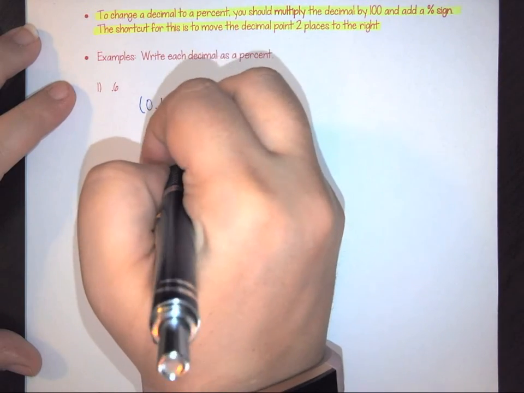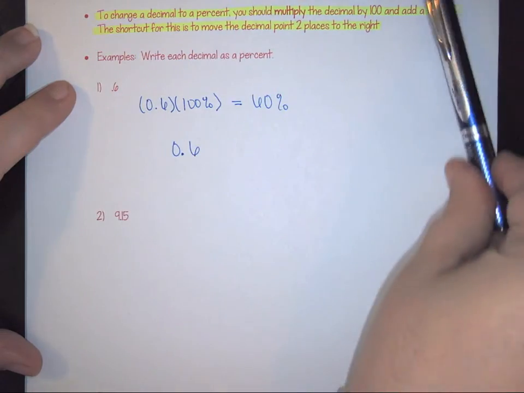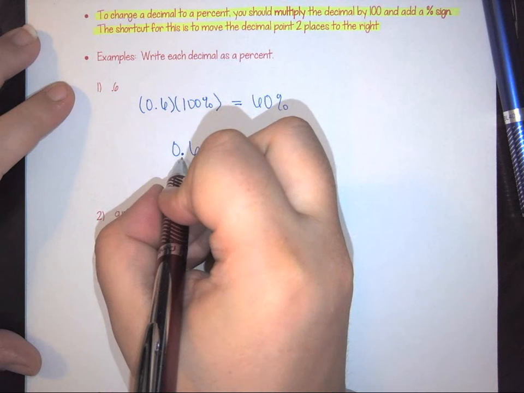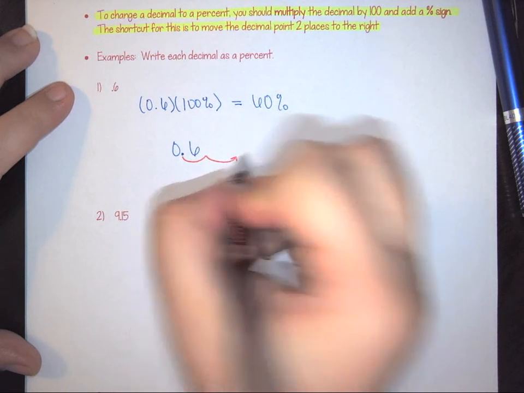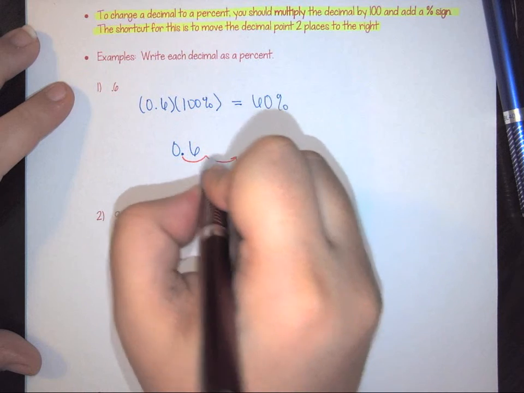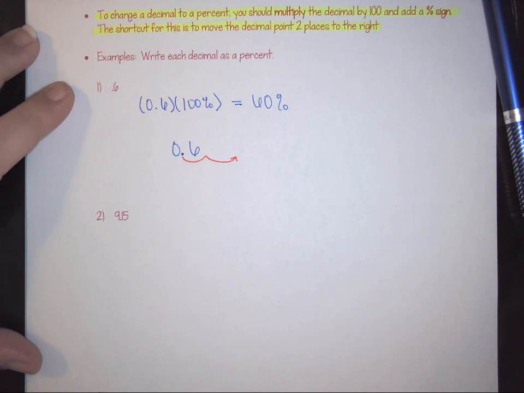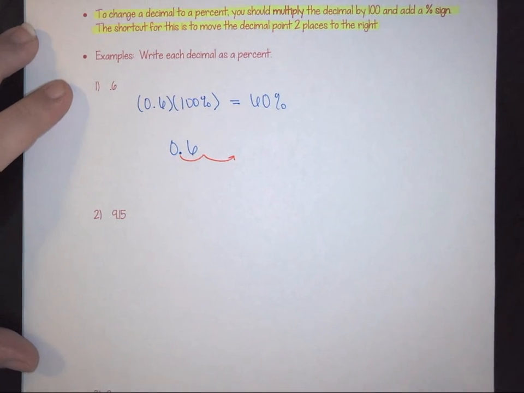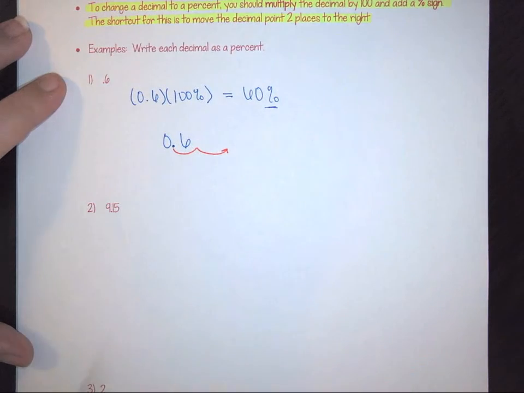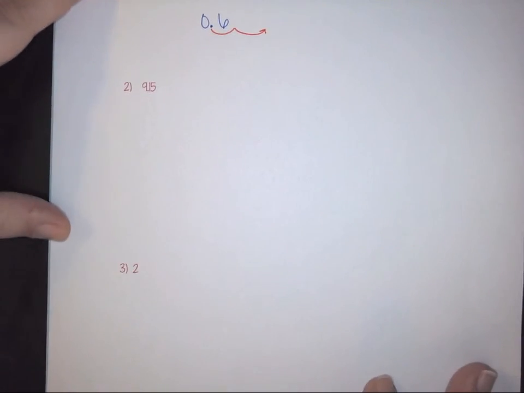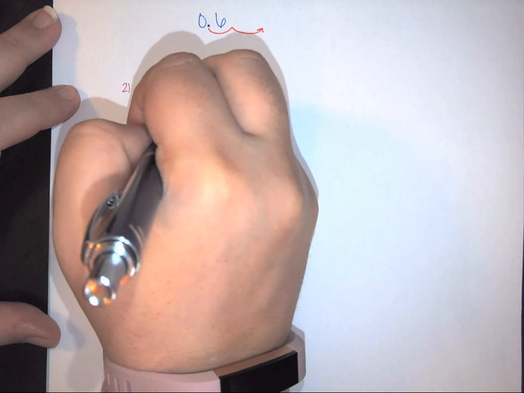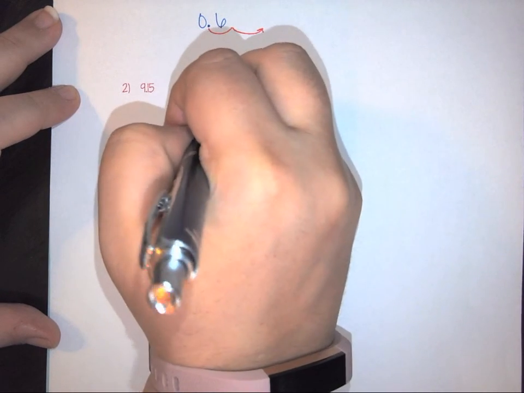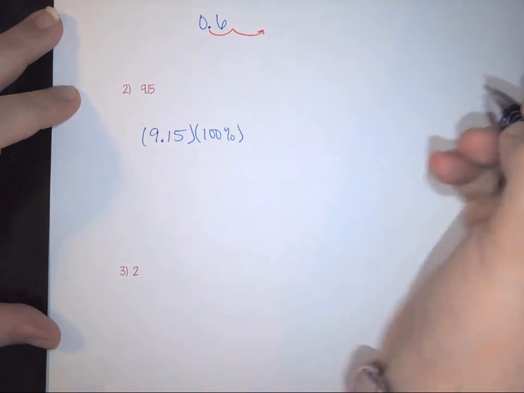However, remember, I can simply move my decimal. So I would take it, and this goes 1, move it again, 2, and then wherever you have a blank, you still have to input your 0. So that's how we get 60. And then don't forget to slap your percent sign on it. Let's look at another. So I have 9.15, and I'm going to multiply by my 100%.